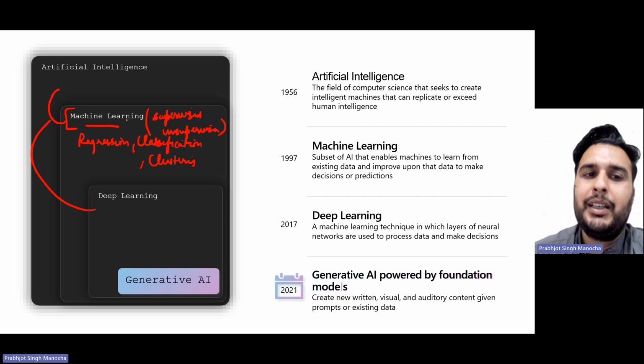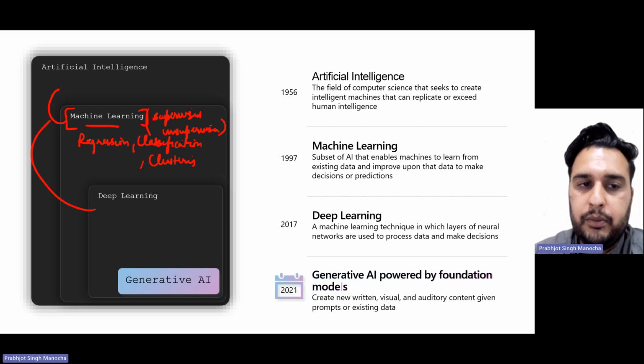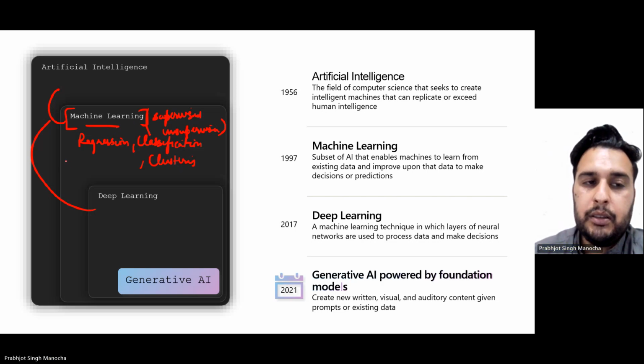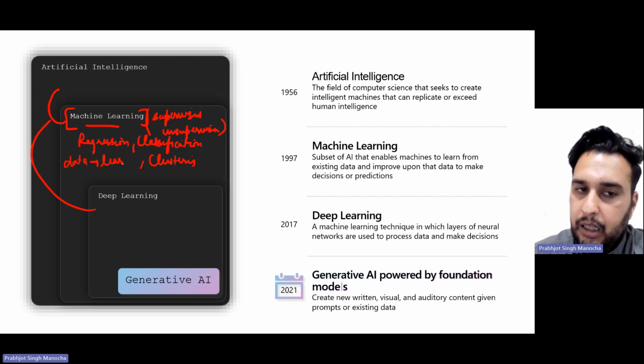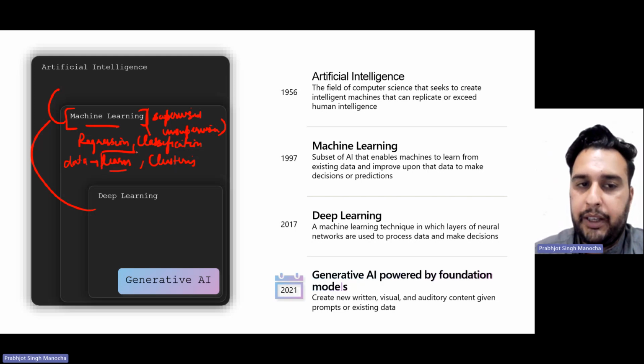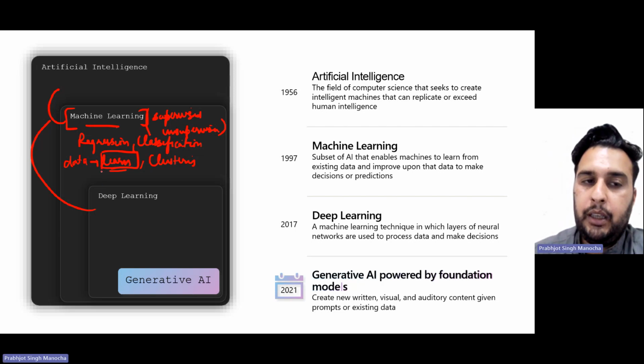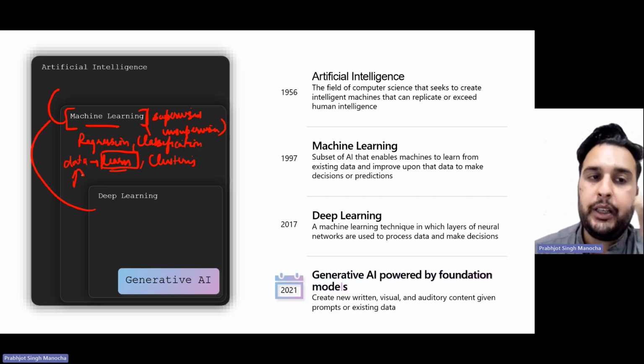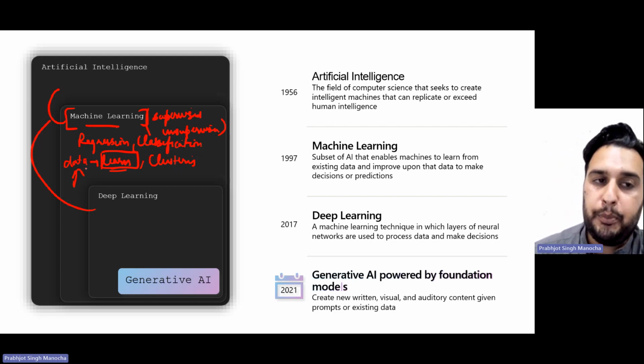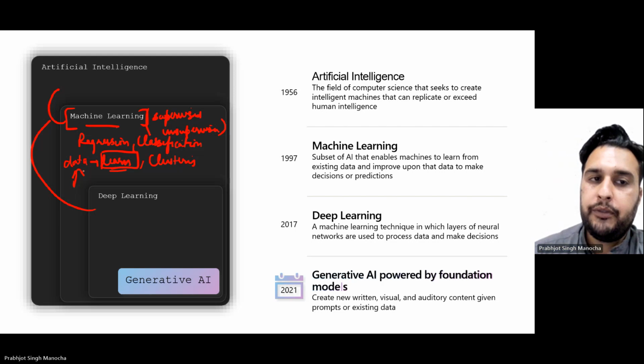But these models have some limitations. What limitations? Whatever data we provide, they can learn up to that only. They have the capability of learning from the data, but not to improve from there. That's why real world problems which cannot be solved through machine learning are being solved through deep learning.